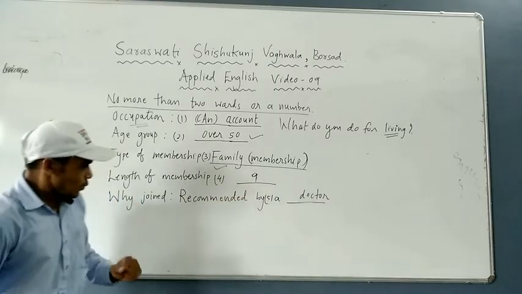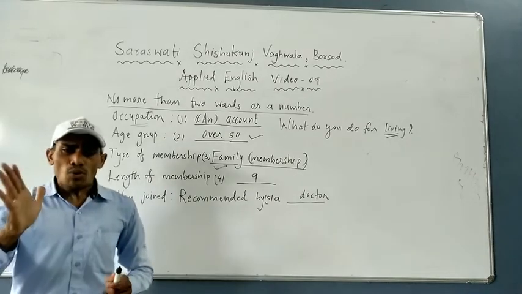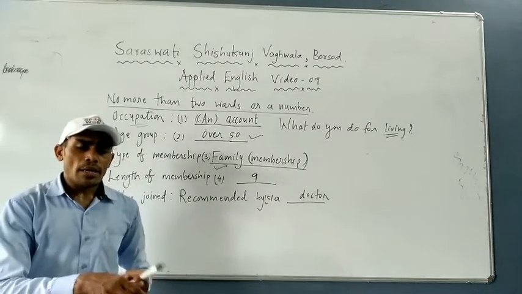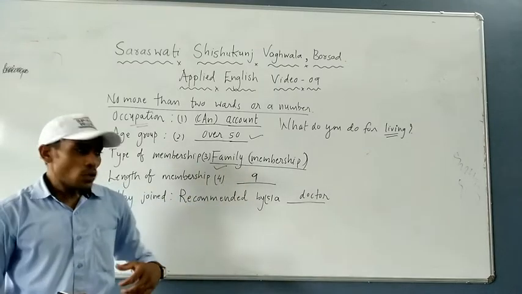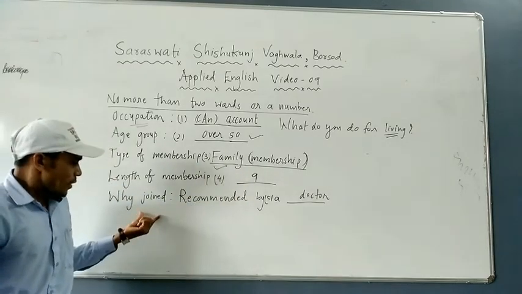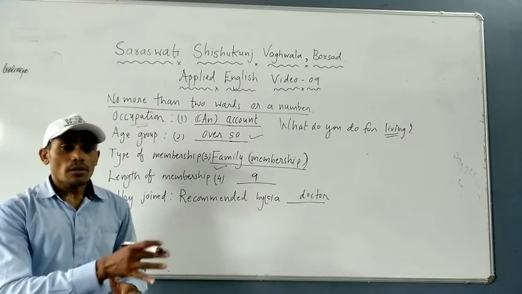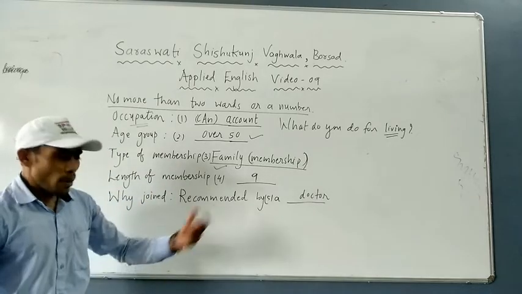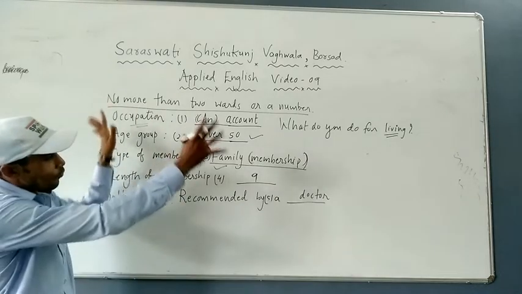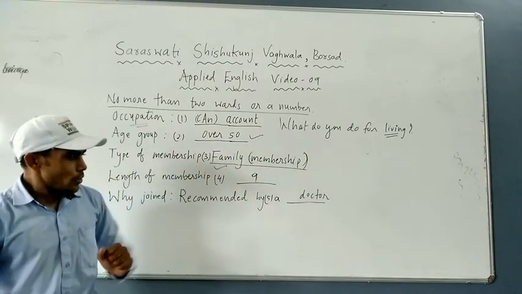Okay. Now, joined recommended by? How was the lady recommended? By whom? Was there any particular person? The lady says, a doctor recommended her to join the membership. So this is all about the 5 questions that we have discussed and solved, students.